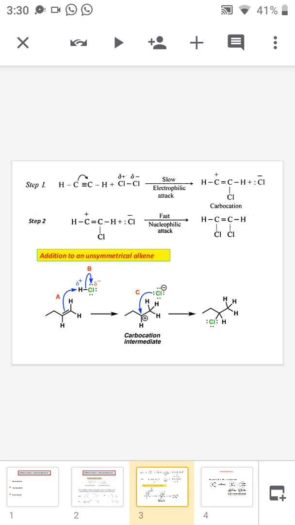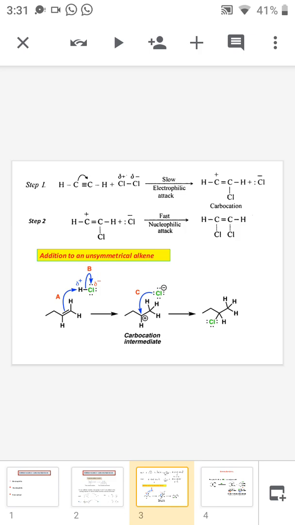So we know that the stability of the carbocation is in the order tertiary greater than secondary greater than primary. If the hydrogen attacks the carbon atom which is less hindered, we will get a more stable carbocation. Here it is a secondary carbocation, that's why the carbocation is highly stable, and after that the nucleophile Cl minus will attack the carbocation and we will get the final product like this.